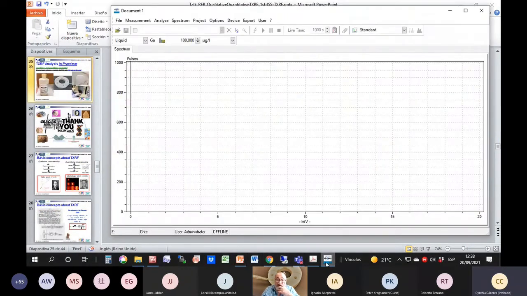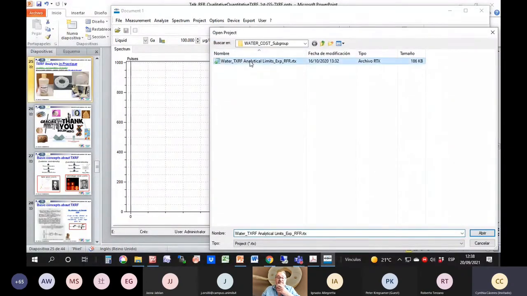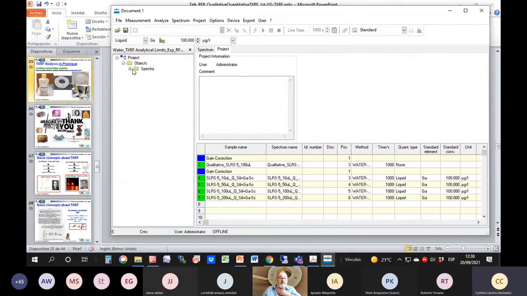Okay, I have it open here. I am going to open, in particular, this spectrum, 50 microliters.